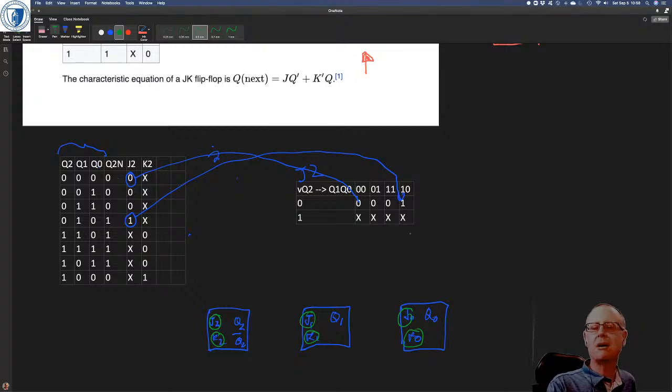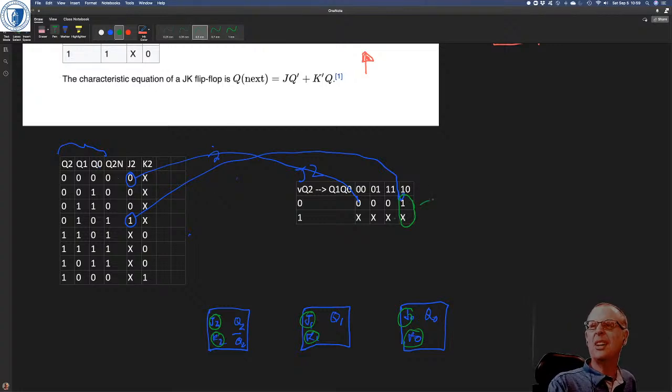So they have to be a size of either 1 box, which is 2 to the 0, 2 boxes, which is 2 to the 1, 4 boxes, which is 2 to the 2, or if you're really lucky, 8 boxes in this case, which is 2 to the 3. In this case, we're not that lucky. We can just group these two together. Remember, a don't care can be a 1 if we want it to be, right?